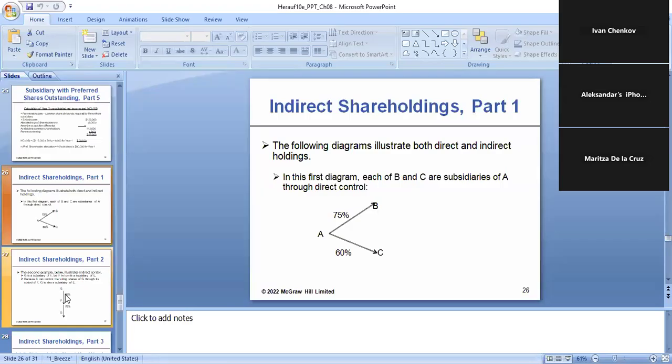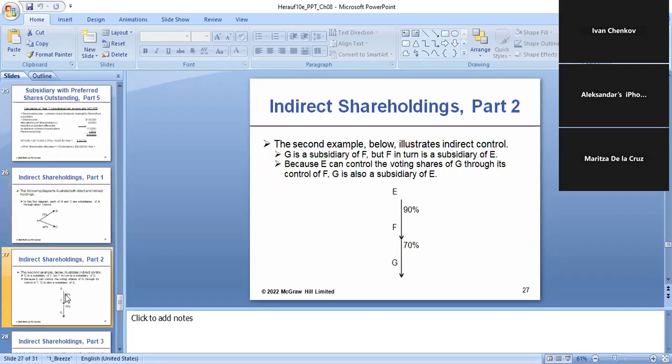Now, obviously, company A has control of each of company B and C. This is direct control. Company A directly owns 75% of B and 60% of C, which is more than 50%. So we have direct control here. Now let's see the indirect control.